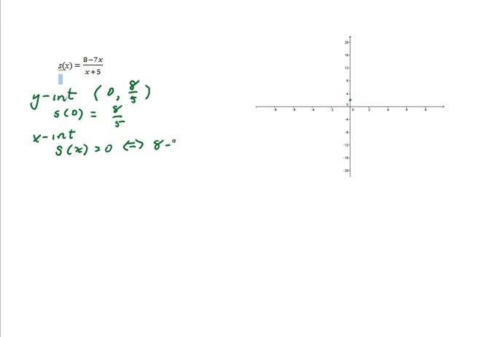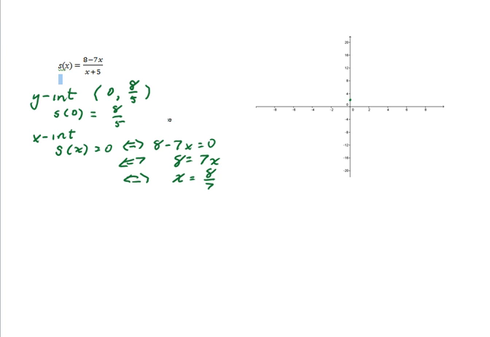So 8 minus 7x would equal 0, which would say that 8 would have to equal 7x, or in turn, that x equals 8/7.